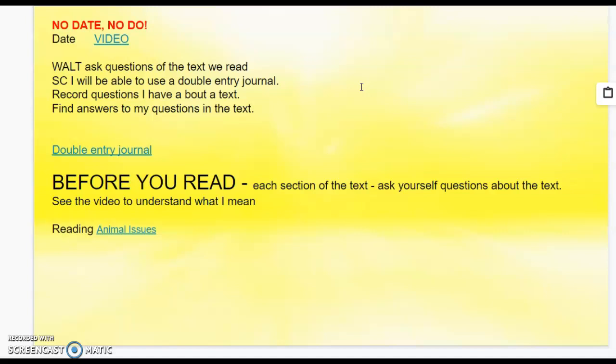Also, this text is a discussion text, which will be helpful for your writing later in the week when we look at writing a discussion, which is very much like persuasive writing but slightly more general. Have a go. Don't forget to sort your questions before you read. If you have any questions of me, come and see me. Talk to you soon.